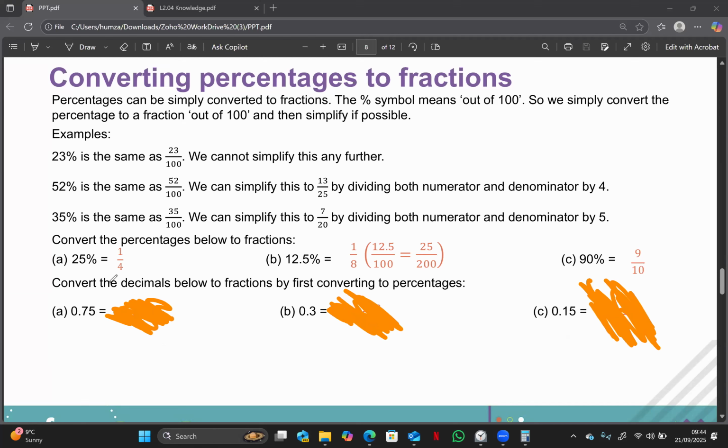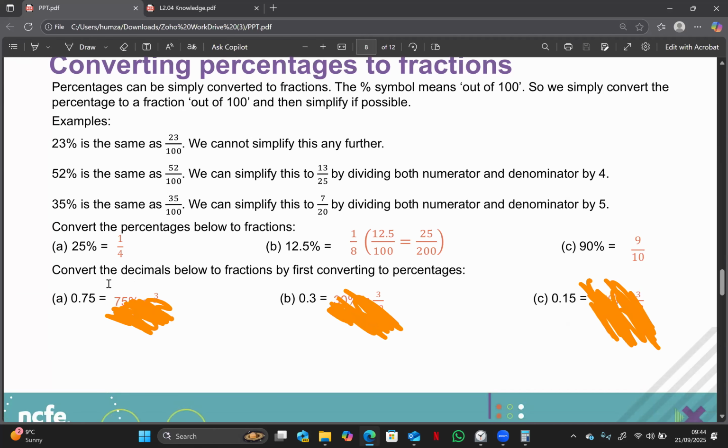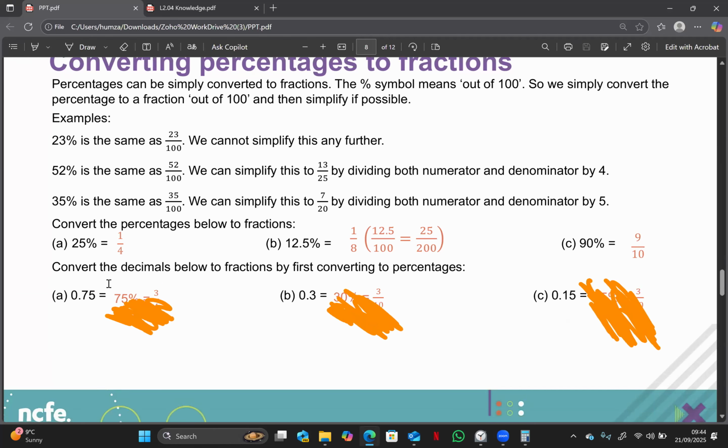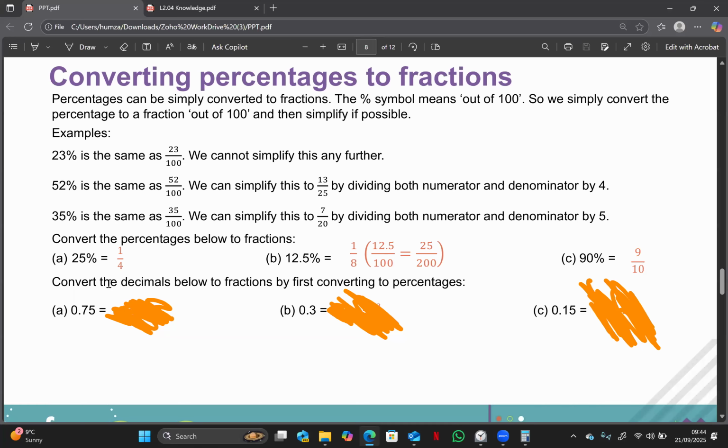So this we have to do in two steps, okay? So for A, I'll do A with you guys. A, 0.75. First, we need to convert this into a percentage.